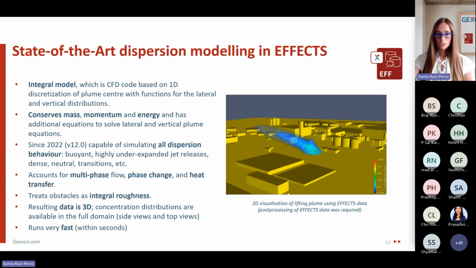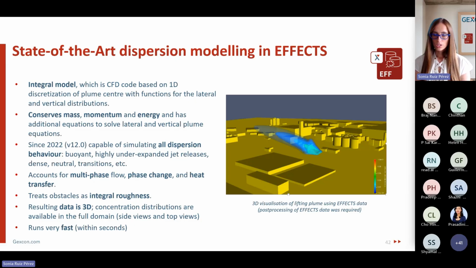To provide a little bit of background on the capabilities of the dispersion model in EFFECTS, this dispersion model is built based on CFD code, CFD standing for computational fluid dynamics, to describe a one-dimensional plume centerline discretization with functions for lateral and vertical distributions.